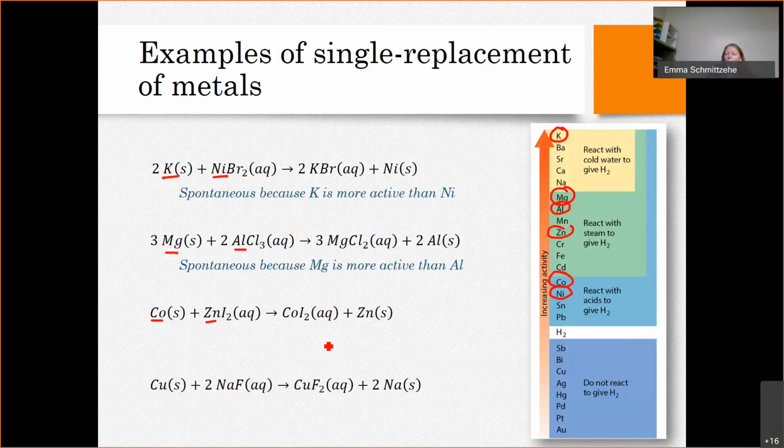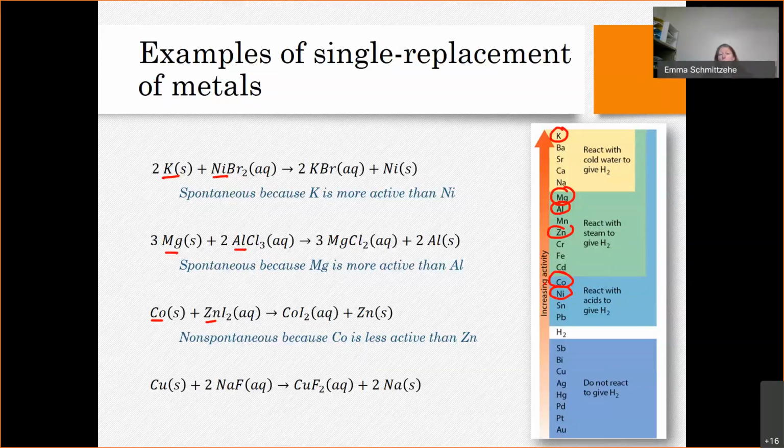And so cobalt actually is less active. So this reaction, as it's written, is non-spontaneous because cobalt is less active, okay? Now, it doesn't mean that you can't perform that reaction. It's just you have to help that reaction happen, okay? It can still happen. It just isn't going to happen on its own.